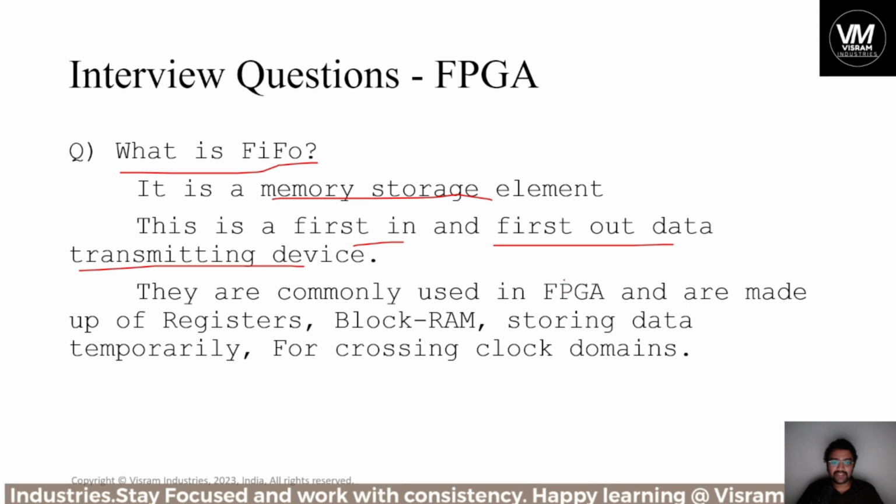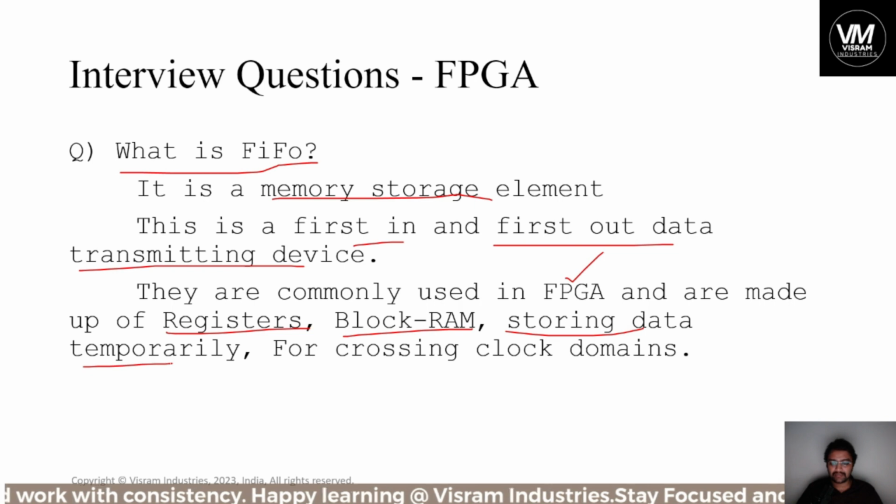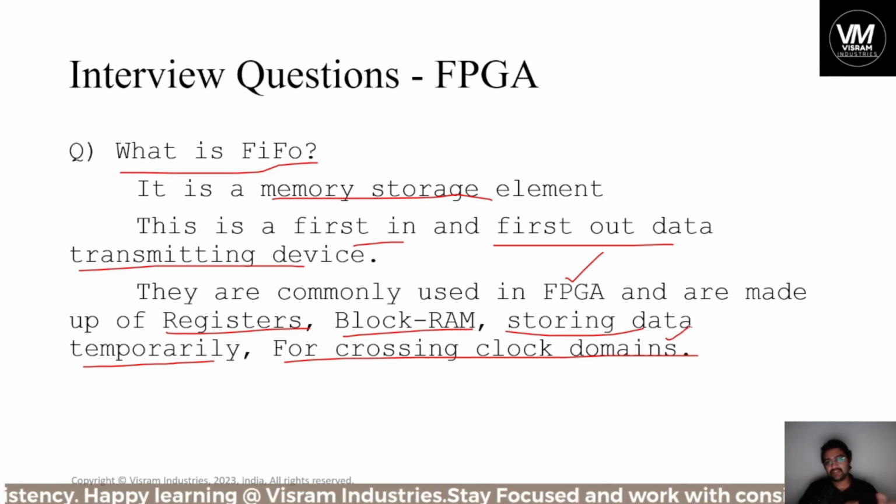They are commonly used in FPGAs at input output buffers, and are made up of registers and block RAM, temporarily storing data, and for crossing clock domains. If you have two modules connected internally, you should keep a FIFO there so that there will be synchronization between the two different clocks of the modules.